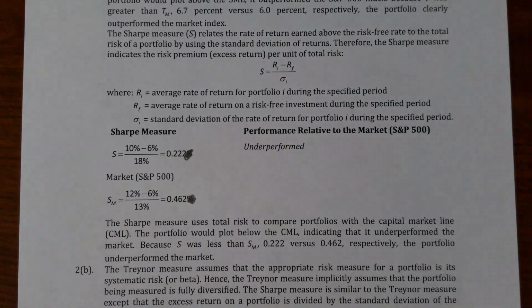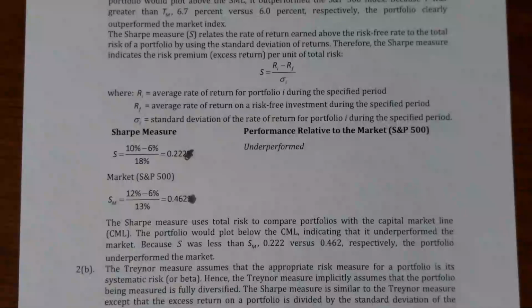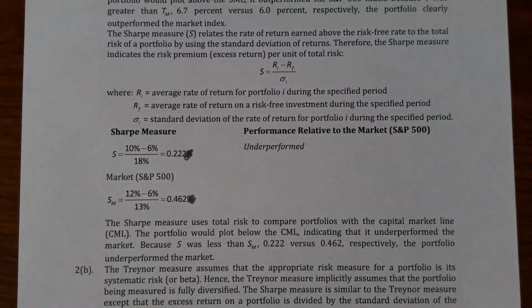And remember, the Treynor uses beta as the risk measure, so it assumes the portfolio is completely diversified and that the only type of risk present is systematic risk, which is measured by beta. If you do the Sharpe technique, it allows for there to be some unsystematic risk present, which means the portfolio would not be perfectly diversified.